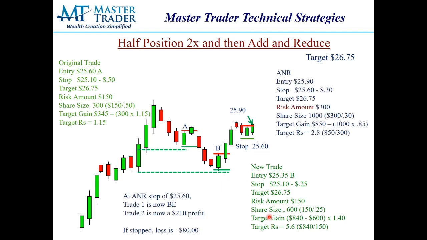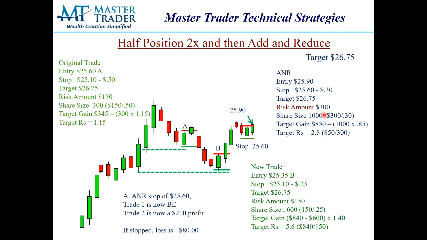Now at my add, I have a decision to make. How much do I want to add? At this point, trade A is a break even if it hits my stop. Here's my entry and here's my stop. So I'm at break even there, less commissions, of course. Now at trade 2, I've got a $210 profit. If I add $300 here and my stop is hit, I'll have an $80 loss at that time.